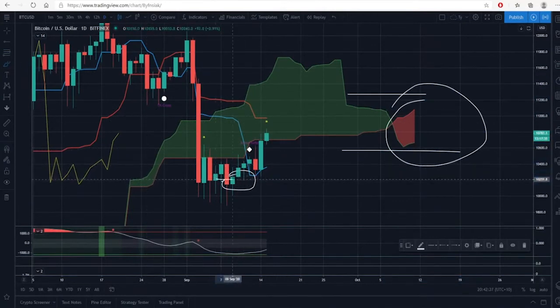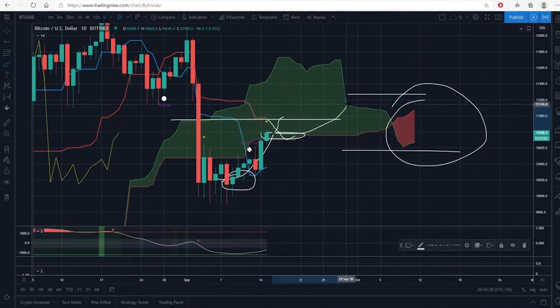Maybe we would go up, we would retest this flat part of the cloud, we would come back down, retest the bottom of the Kumo, maybe in this region here, and then we may continue back up towards here, or we may aggressively find our way back up towards that 11.6 area with a little bit of volatility in between.